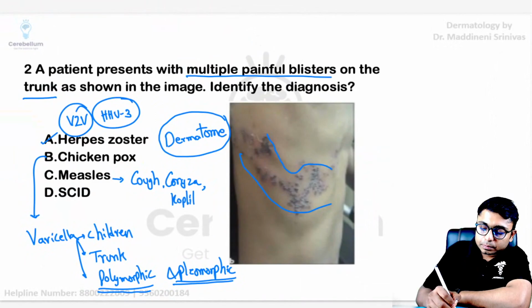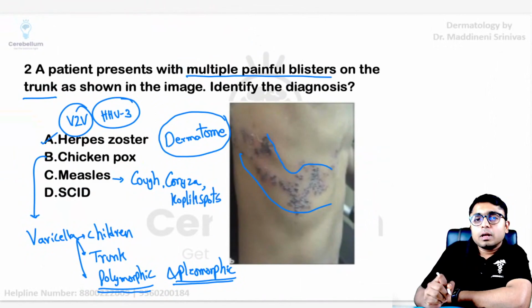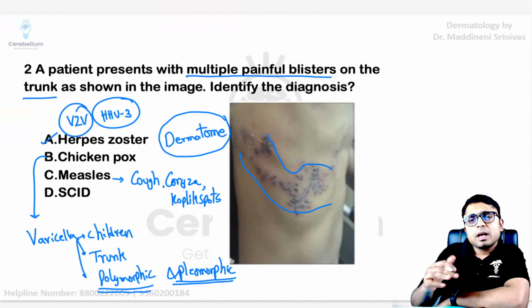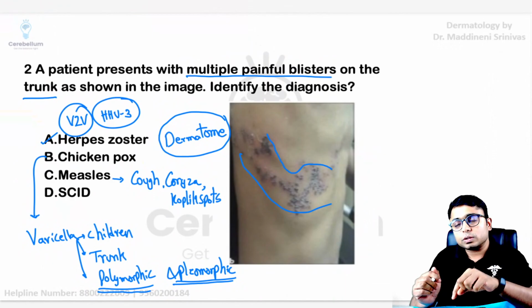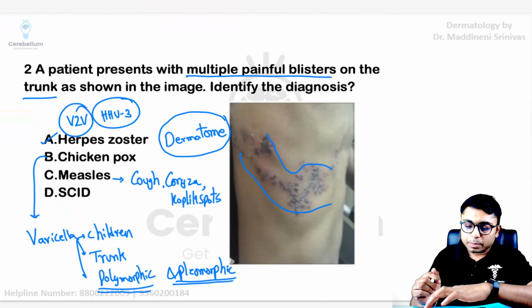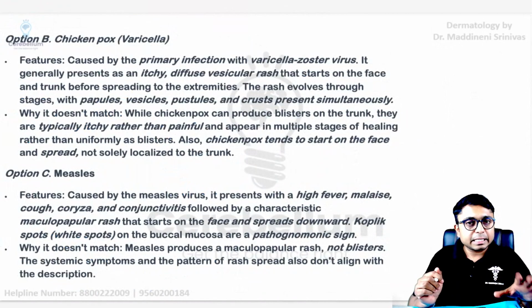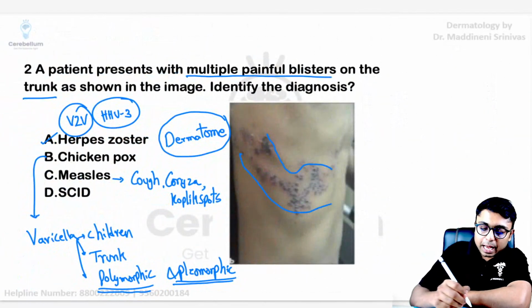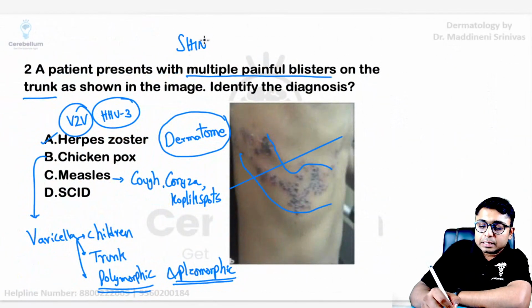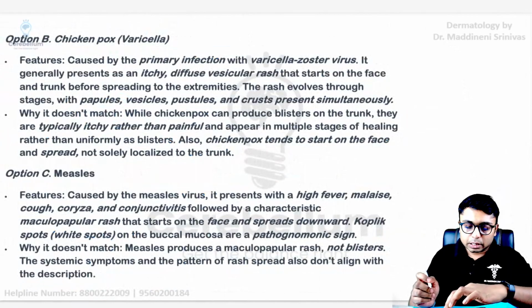And SCID is severe combined immunodeficiency disorder, where there is a defect in the B and T lymphocytes, because of which there can be many kinds of opportunistic infection. But this is not going to specifically show painful blisters in a single dermatomal fashion. So that is the reason why SCID is not the answer, and the answer here is herpes zoster, which also has one more name you must know, shingles. So this is about shingles.